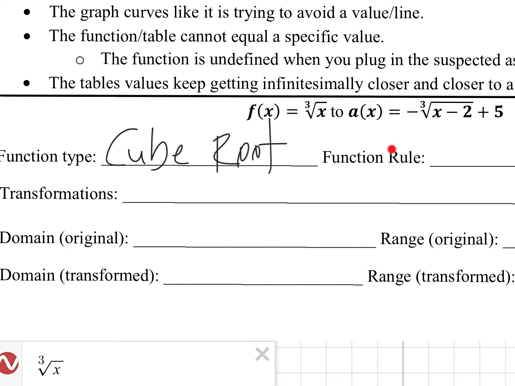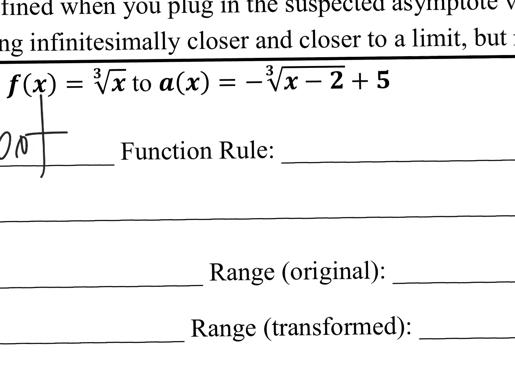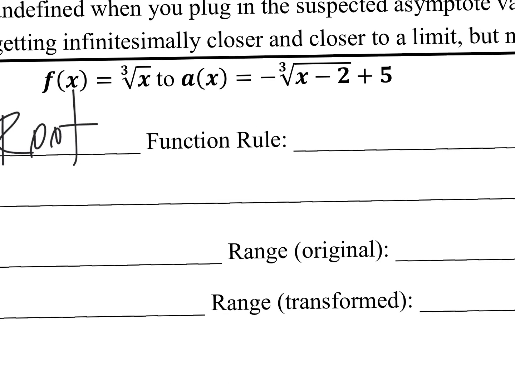Next, I'm going to write a function rule based off of the transformation that happened. A function rule can be kind of confusing, but basically it is instructions on how the new function was written. You start with your function f of x, and then you transform to your function a of x.